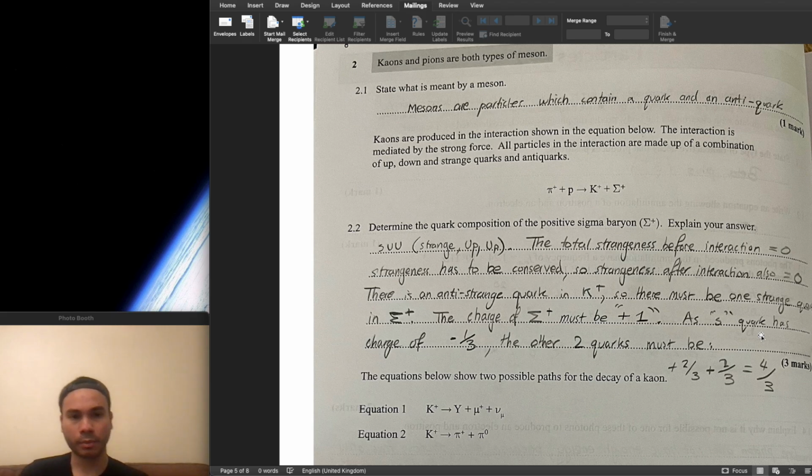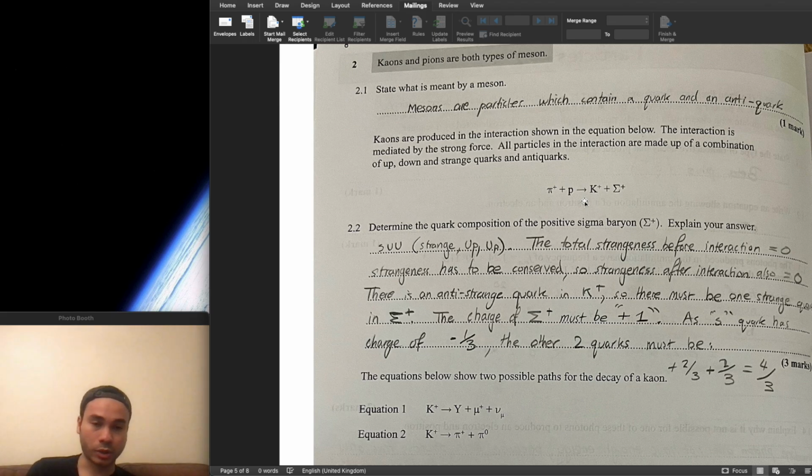2.2, determine the quark composition of the positive sigma baryon. So this is another example of a heavy baryon. Again, this is going to be very unstable and is likely to decay. Actually, no, this is it being produced, but it will decay in time. So it's going to be a strange and an up composition, and the reason for it is because we've got this meson here. Let's look at the strangeness before the interaction.